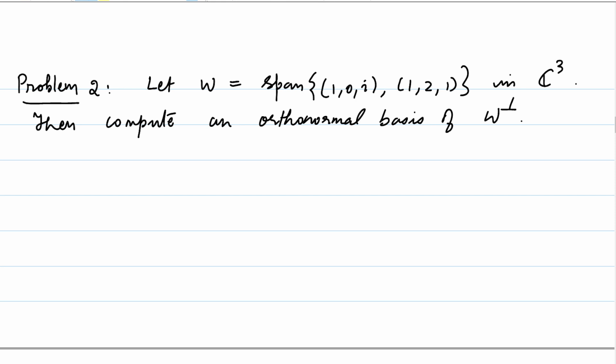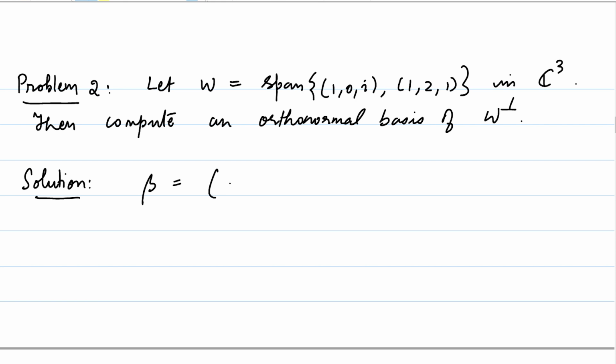So at this point I would like to remind you, let me call it the solution. Let's do one thing. Let's extend beta, let's extend (1, 0, i) and (1, 2, 1). Notice that these are linearly independent, and if you add one more linearly independent vector, we will get hold of a basis of C3.